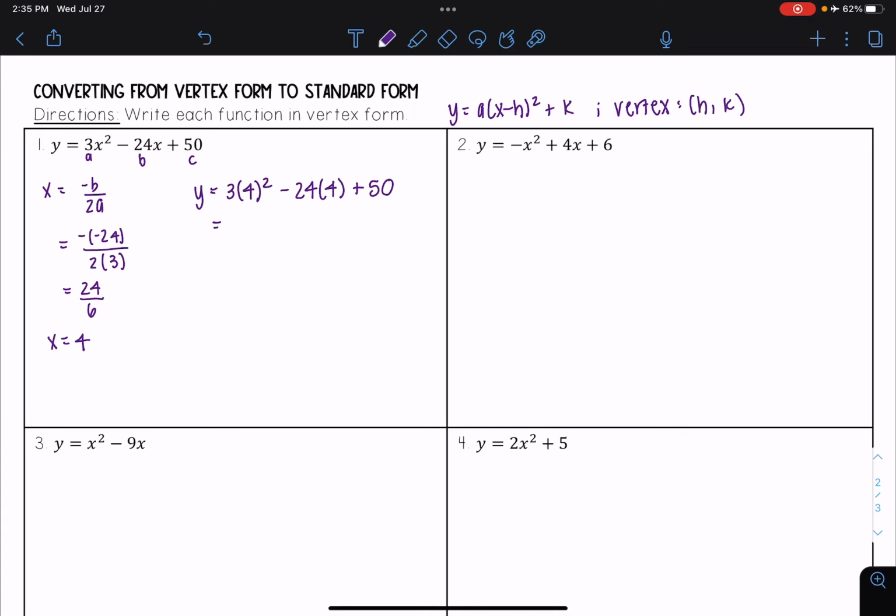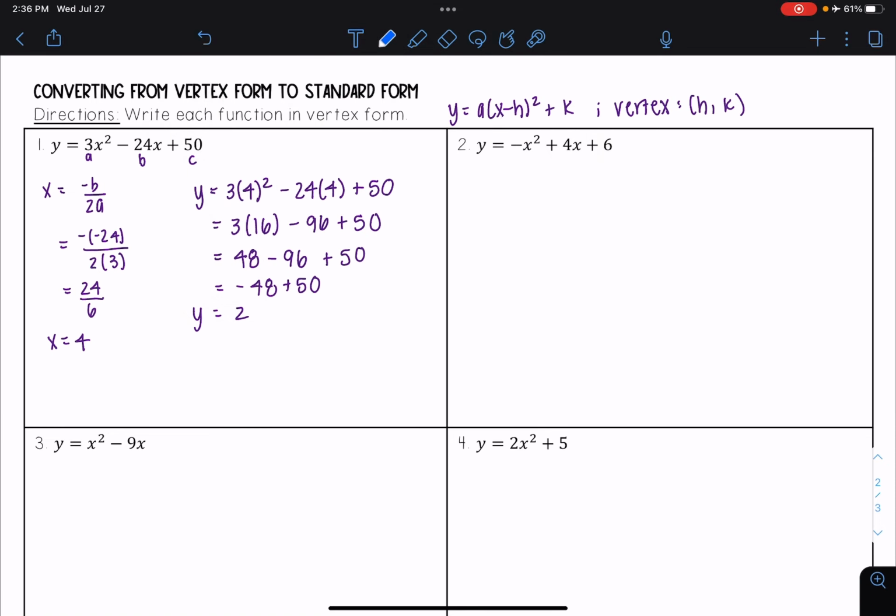Well, 4 squared I get 16, so I have 3 times 16 minus 24 times 4, which is 96, plus 50. 3 times 16, I get 48. 48 minus 96, I get negative 48. And so I get that y is equal to 2.